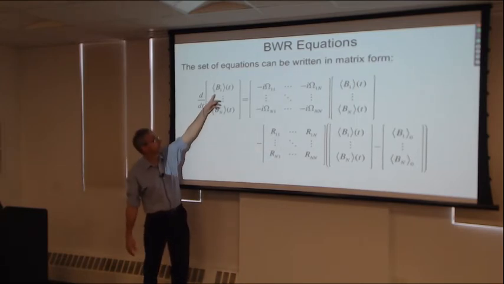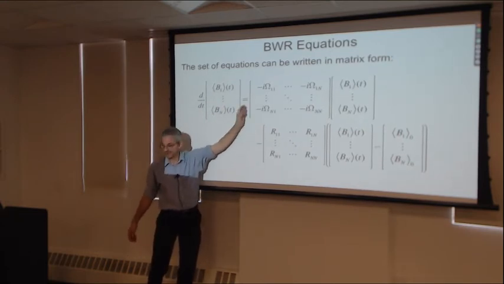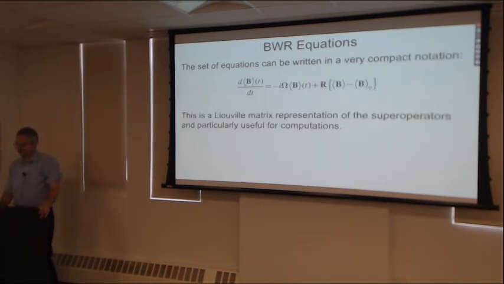And if I put in here Ix, Iy, Iz, this formulation reduces to the Bloch equations. So here's a very compact notation in which I write everything in matrices.